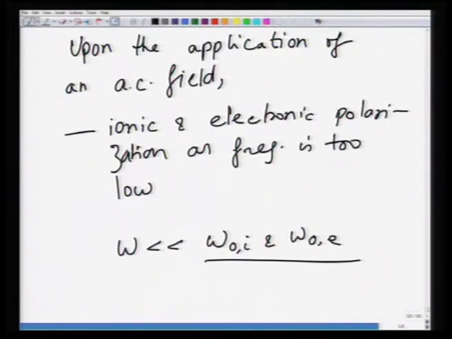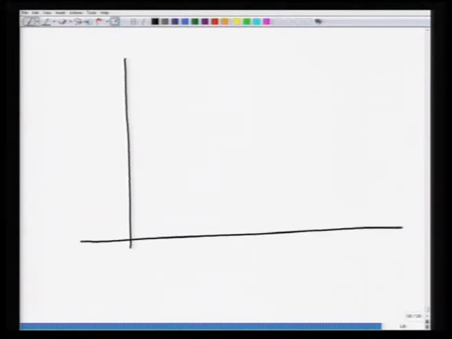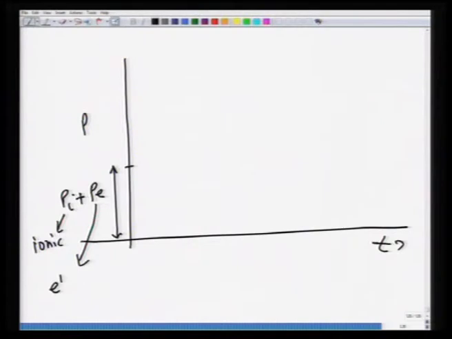Now, as a function of time, upon the application of electric field, when you plot polarization versus time, where P is the polarization and t is the time, you have almost an inbuilt polarization which is nothing but the sum of Pi plus Pe, where i is the ionic polarization component and e is due to electronic.